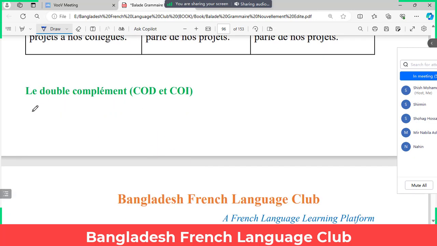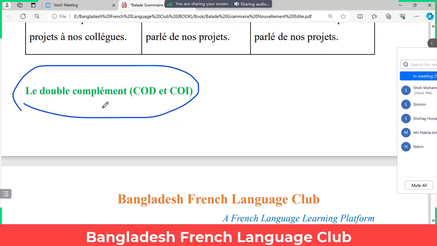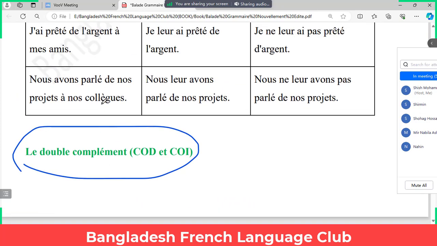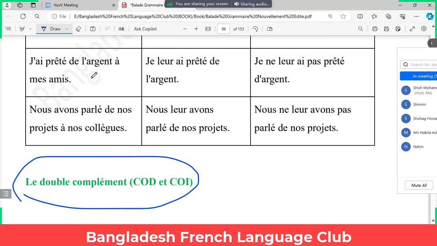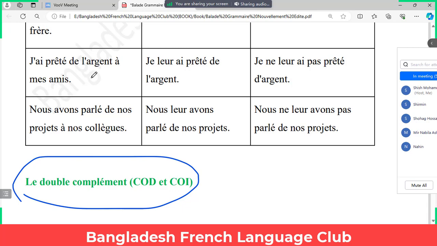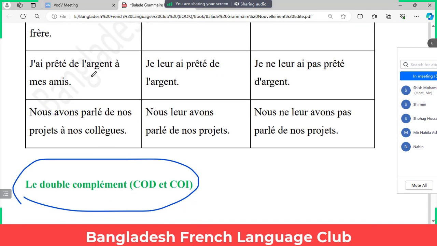Now, as I told you, we have another one, that is le double complément. Like these sentences, all the sentences contain two objects. If we would like to replace both of them by the COD and COI, that is called the double complement.